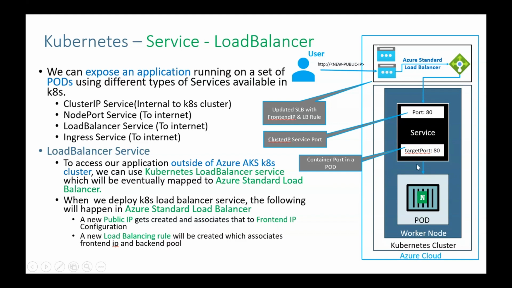Okay, container port in a pod, cluster IP service port, and if you have created the load balancer service, it will automatically assign the backend pools inside your load balancer, and you will be able to access your application with the public IP of your load balancer.